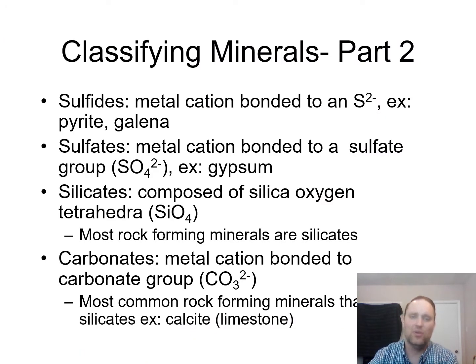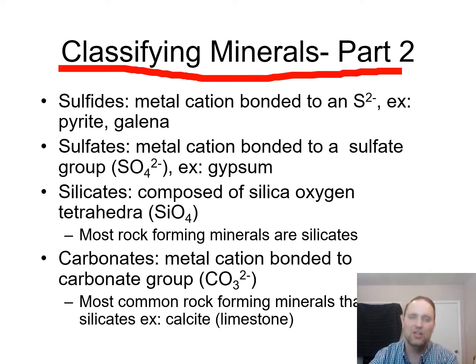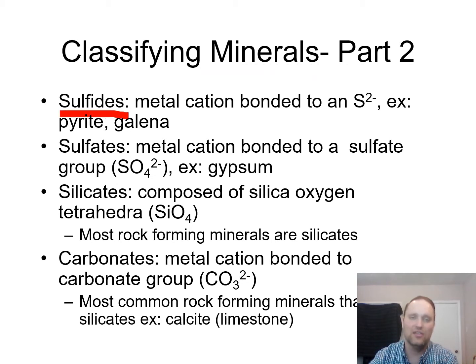But looking at some other minerals, of course, there are several other groups. But first off, we'll look at the sulfides and the sulfates. Now, in both of these groups, it's sulfur that is involved. For the sulfides, it is sulfur in a -2 charge, so it has 2 extra electrons that gives it that negative charge.